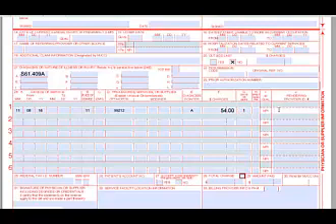Then we need to put in the provider's NPI number here. And that was the only charge. Then we go ahead and put the clinic's tax ID number here, or their EIN.